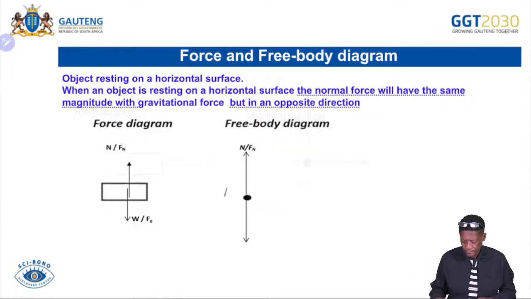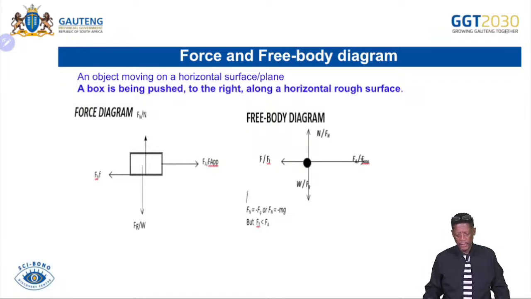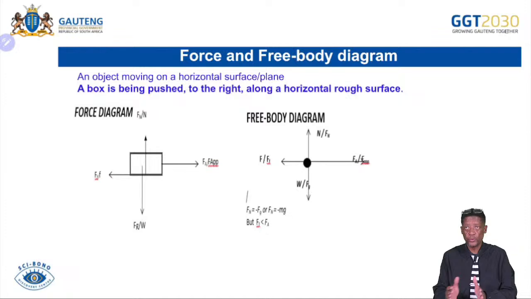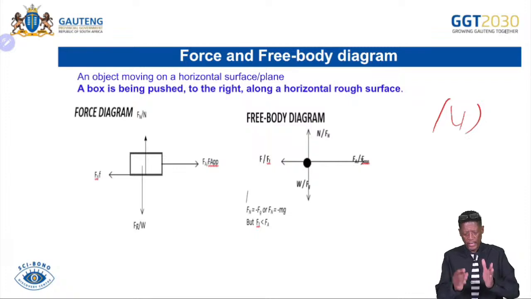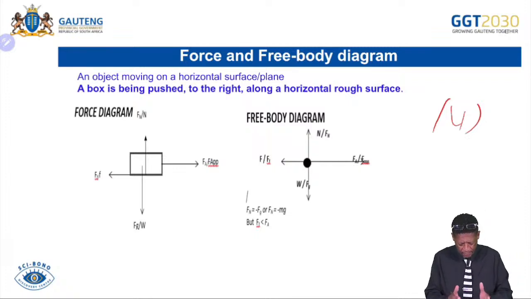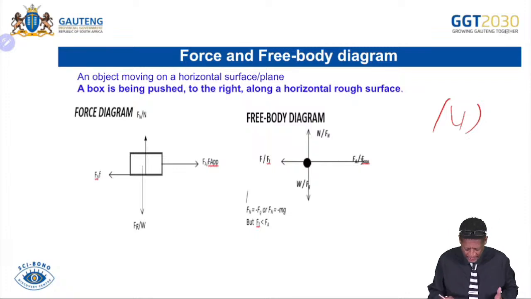All right. This is the force diagram again. If you look at this force diagram, we've got a force diagram and the free body diagram. This is 4 marks, as I've alluded. If they say draw a force diagram, you must draw it correctly.